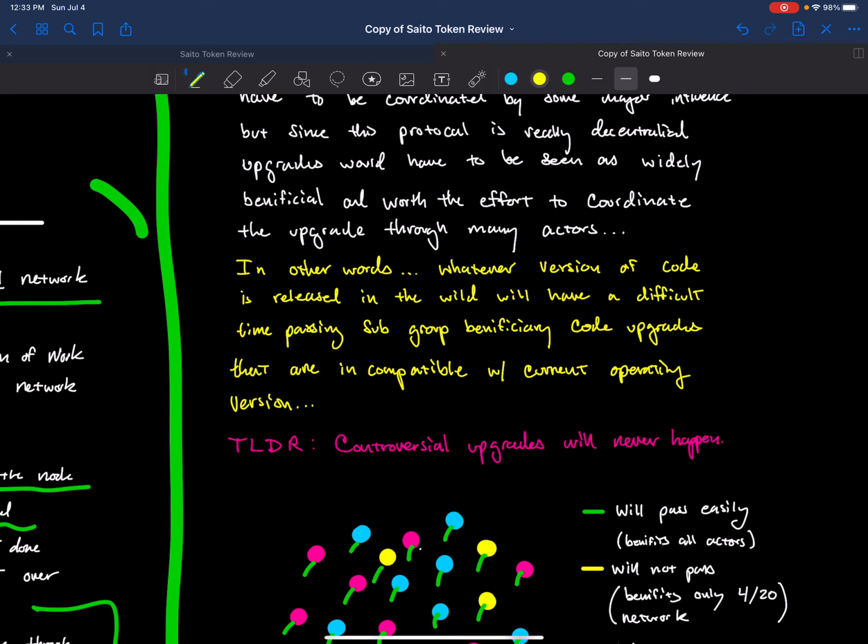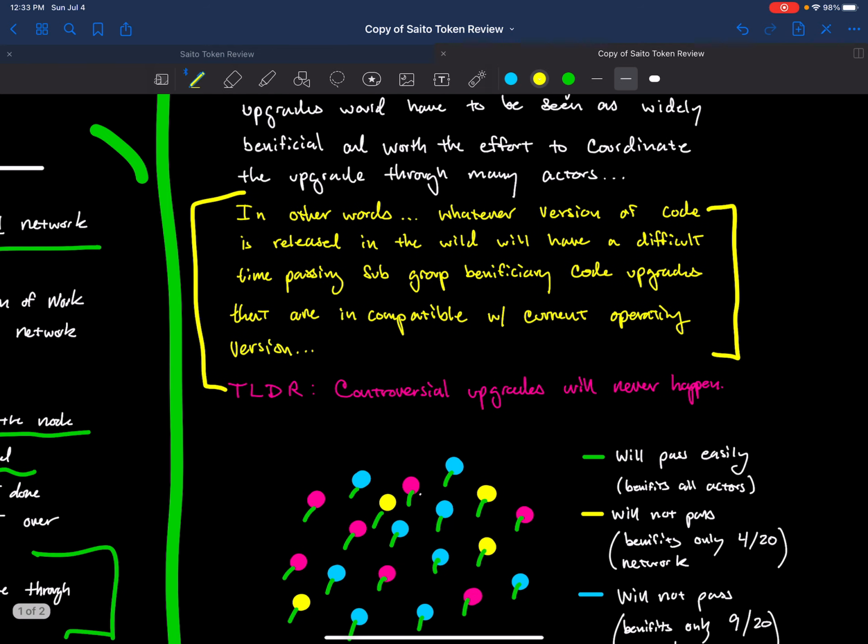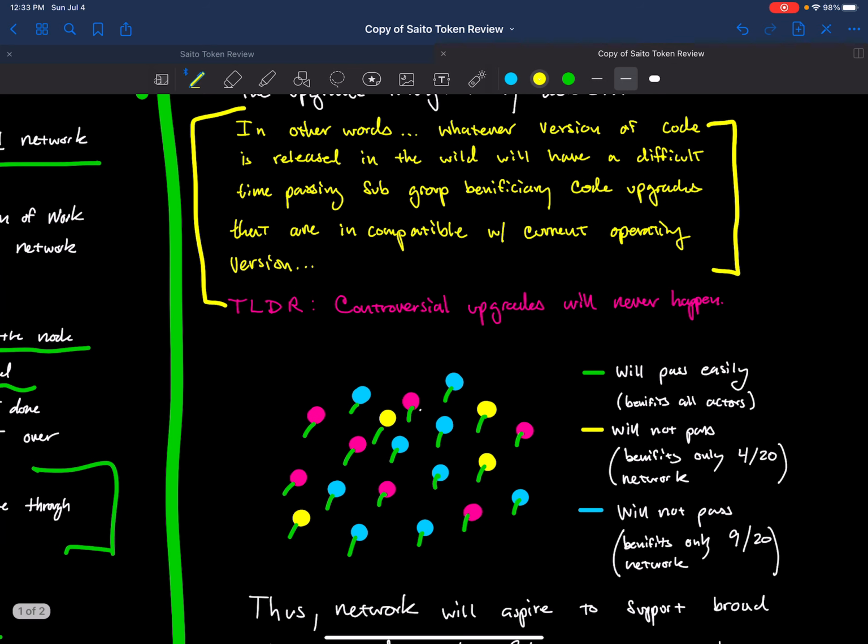So in other words, whatever version of the code is released in the wild will have a difficult time passing subgroup beneficiary code upgrades that are incompatible with current operating versions. So in other words, controversial upgrades will never happen.